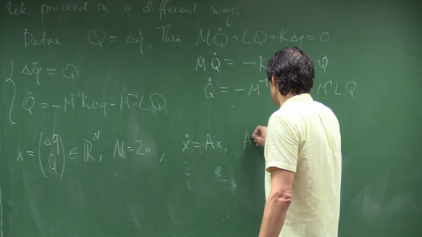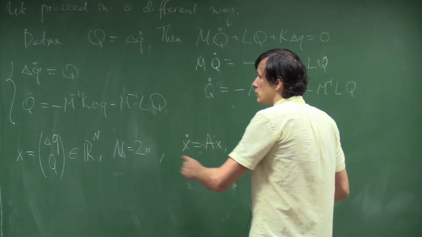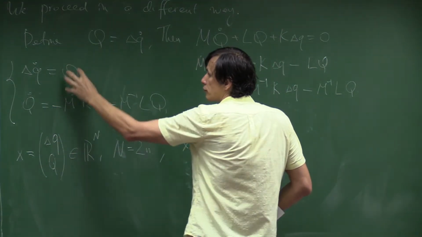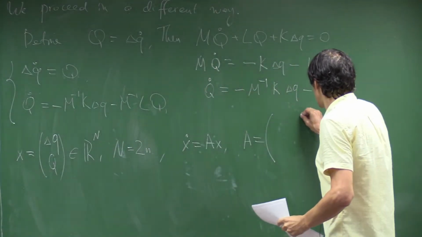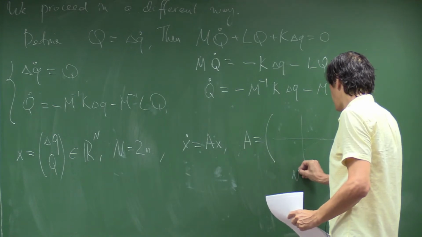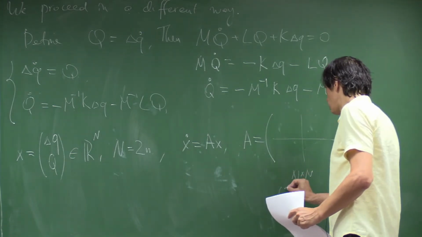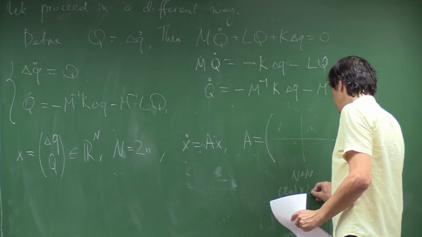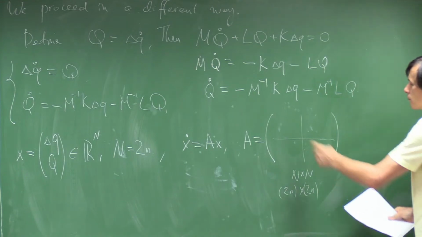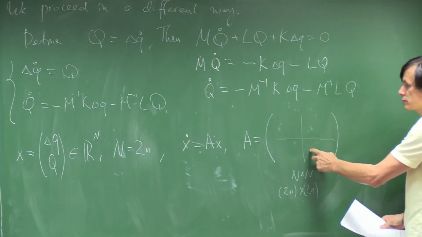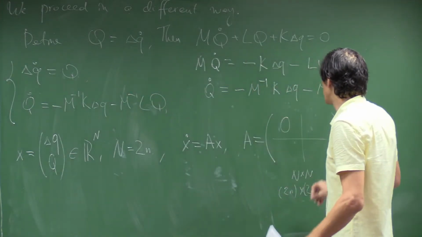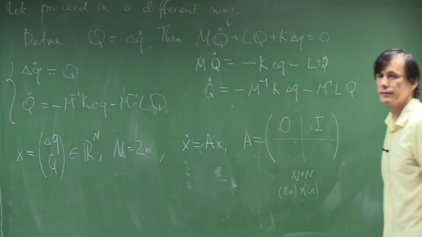So you see what the matrix A is. On the first line you should have capital Q. This is a matrix which is 2n by 2n, which means 2 small n by 2 small n. So we can divide this matrix into 4 blocks, n by n. In order to get Q capital here, you have to put 0 matrix here and identity matrix there.